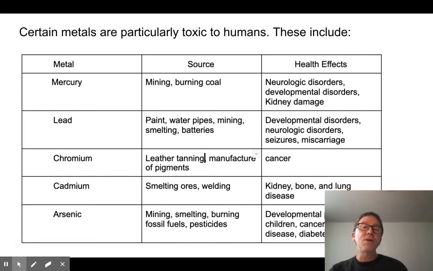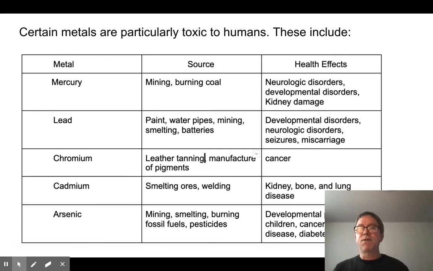So another thing that we're pretty worried about, and this also comes from both petroleum and coal in part, and mining, is heavy metals. So metals that are in the middle part of the periodic table often have impacts on human systems. And there's just a few you should really know about. Okay, I just want to talk about these five heavy metals. Mercury is a big one.